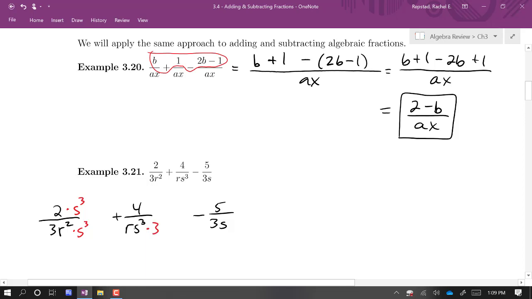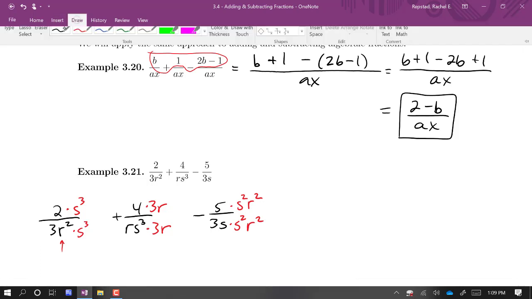It's all set with the s's, but it needs to pick up a factor of r so that we're raised up to that r squared that we have there. And the last fraction needs an s squared to bring us to s cubed. And it needs a factor of r squared.